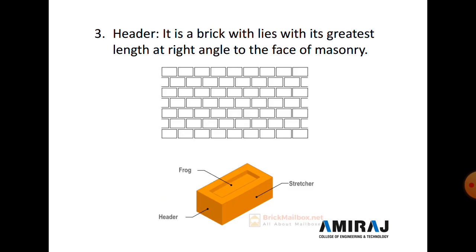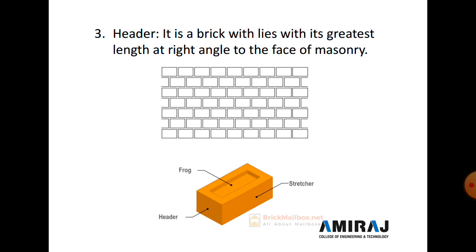Now the next definition is header. First see figure number 2. Here three important points are given: header, stretcher and frog. Header is the smallest part of the brick. Stretcher is the longest part of the brick, and a frog is at the top.